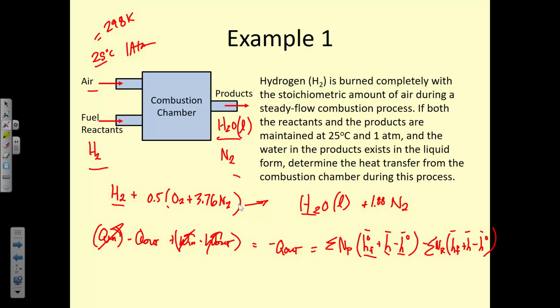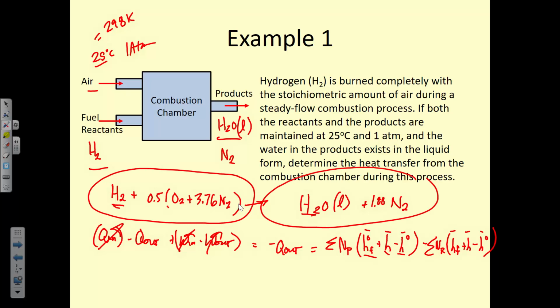Okay, so you look at both sides of the equation and you compare the number of moles of things that you have. I have to rewrite this. I already have the answers, so let's write it again.